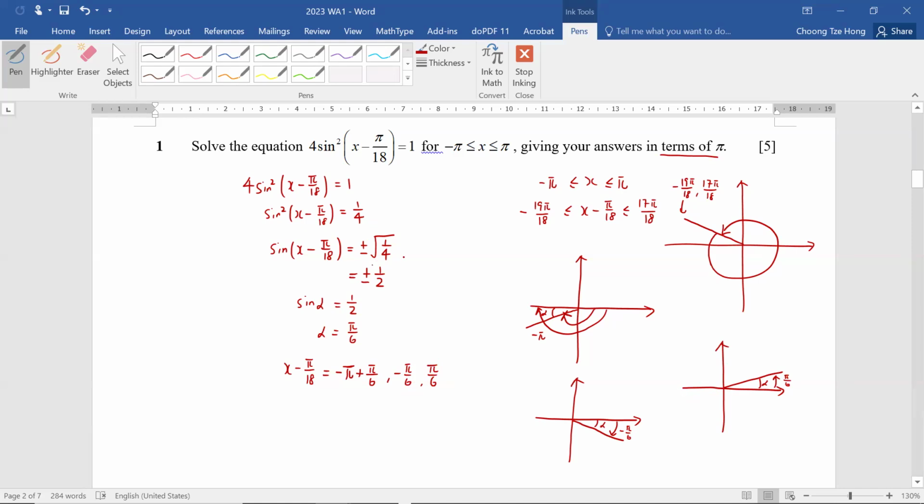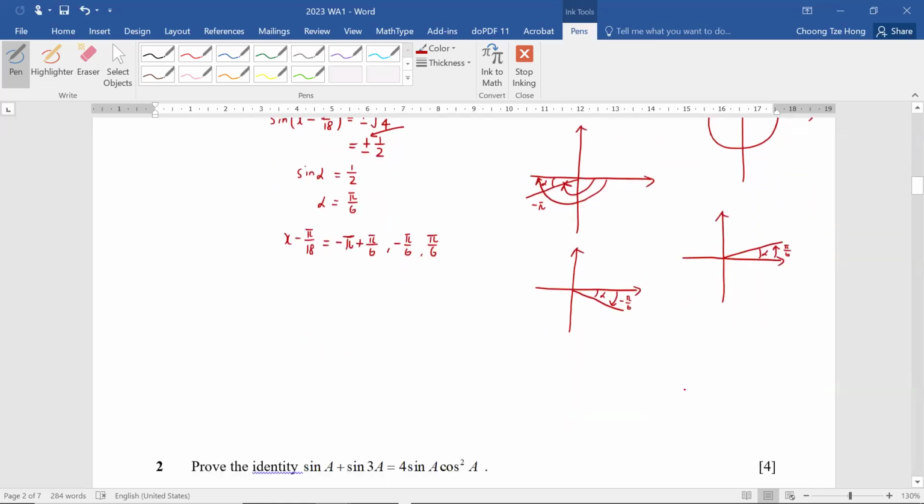Because sine is both positive and negative. The last angle will be in the second quadrant, where it will be pi minus alpha, so pi minus pi over 6. If you work out all these angles, you'll get negative 5 pi over 6, negative pi over 6, pi over 6, and 5 pi over 6.